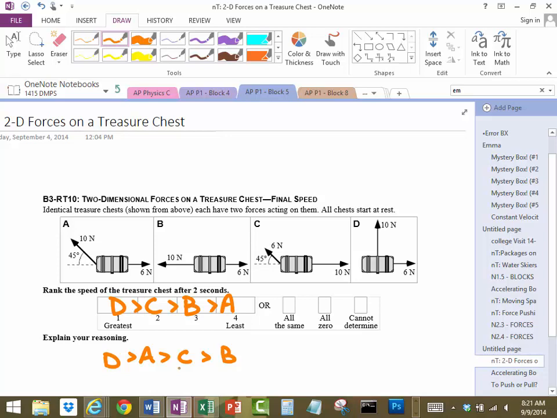So you're telling me you want to find the net force? Yeah. Why? Because if you find whichever is the biggest net force on that. Okay, that makes me happy. So the net force is going to lead to acceleration. The bigger the net force, the bigger the acceleration. So what? That's not the speed. So then after 2 seconds, it'll have the highest speed.